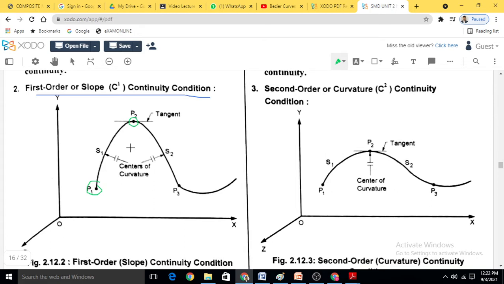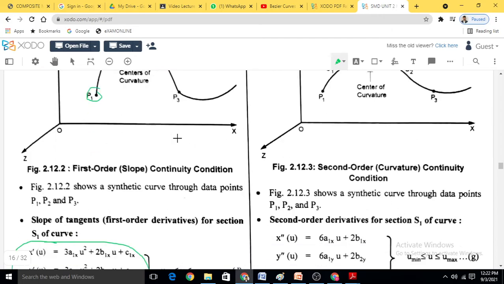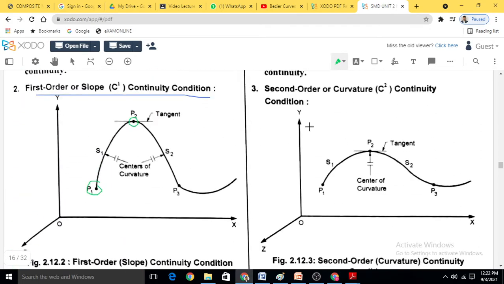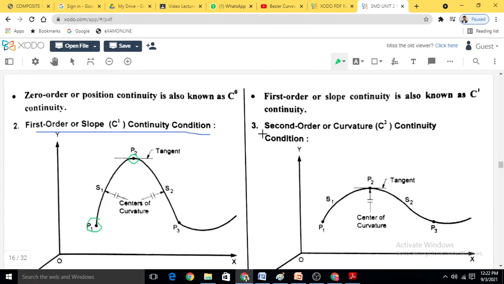Means at point P2 in first order continuity, the first order derivative of section 1 at u equal to maximum is equal to the first order derivative of section 2 at u equal to minimum, and this is called the first order continuity.